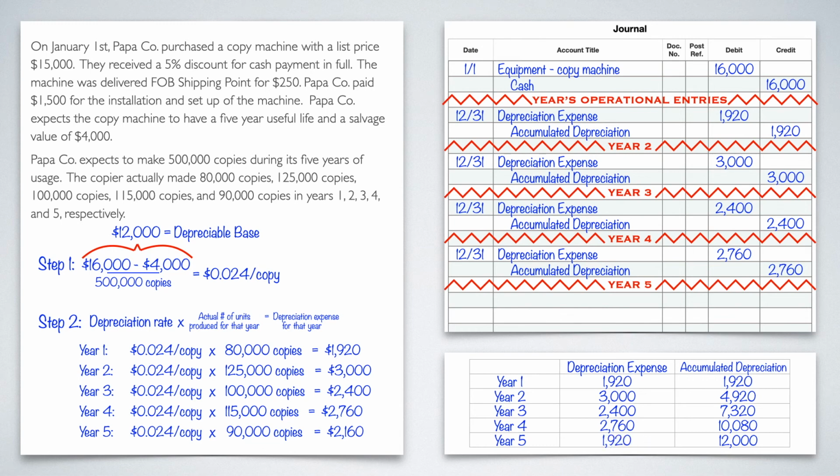That gives me my maximum depreciable base as my accumulated depreciation. The only way to do that is to hit 1,920 in year 5 as my depreciation expense. So that's what I'm going to put in my journal entry: depreciation expense, 1,920, and accumulated depreciation of 1,920. If I were to go past 1,920, then I would go past the 12,000 accumulated depreciation, which I can't do.